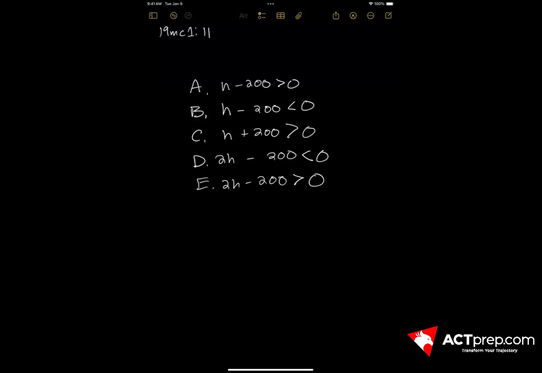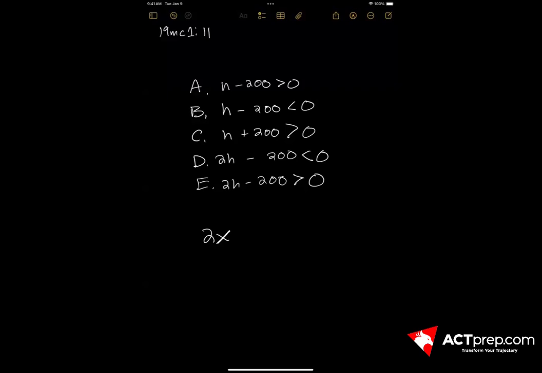So one way that you can start to train your brain to think about these is just visualize the reality of this scenario happening. So knowing that for every hot dog she sells, she's going to get $2, we know right there that the number of hot dogs sold times 2 is going to be the total amount of money that she brings in.